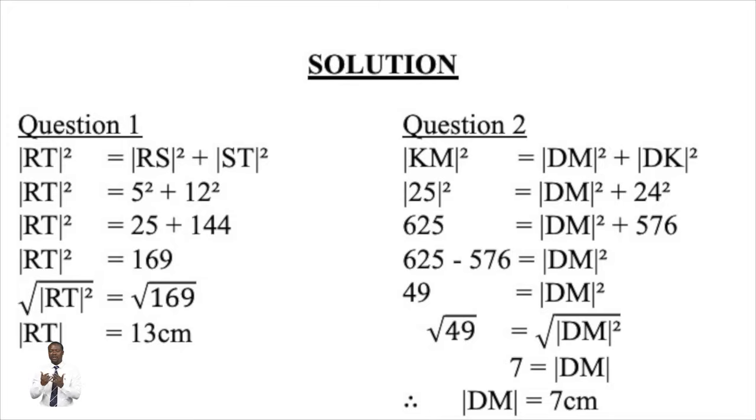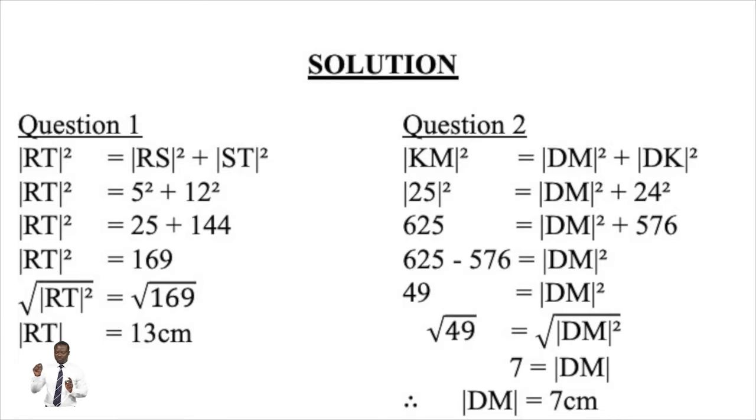We would need to transpose 576 so we can find our DM. So transposing to the other side, we have 625 minus 576, which gives us 49. So we take the square root of both sides so we can find our DM.